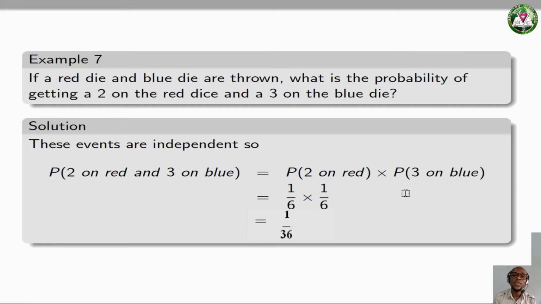There's also one face that has 3 on it. That means there's only one possible way of getting a 3 on that die, all over 6, which is our sample space. So multiplying this should give 1 over 36. When you multiply the numerators, you have 1, and when you multiply the denominators, you have 36.